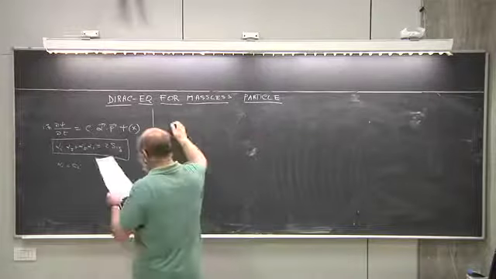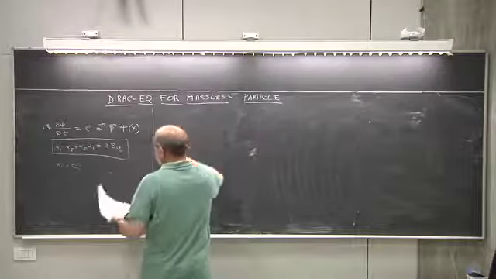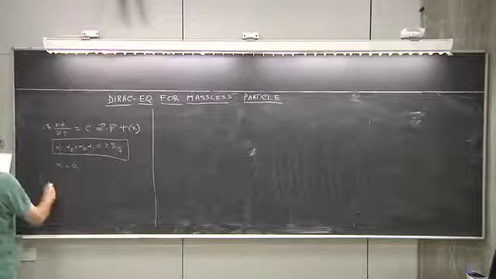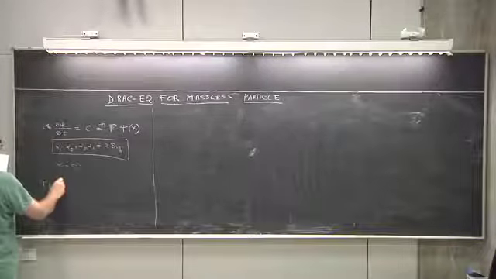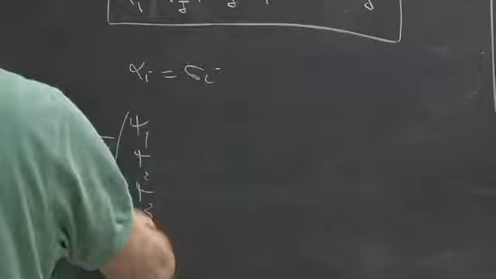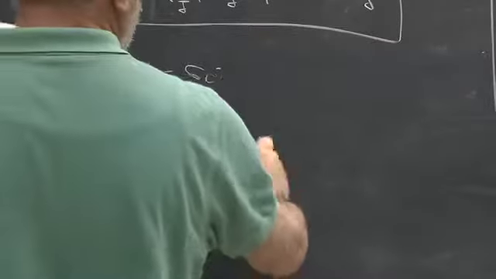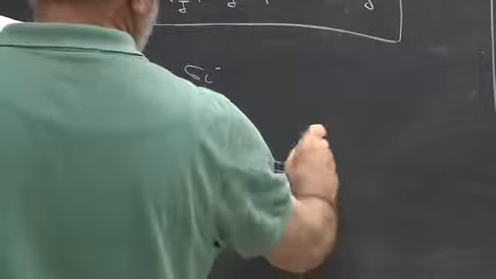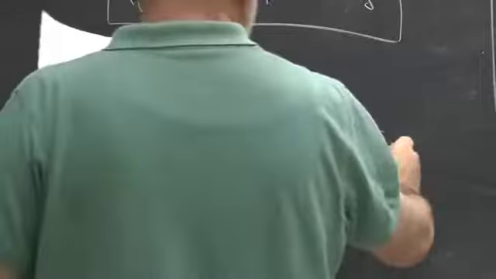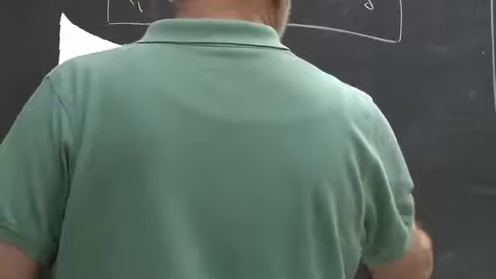So let's start. Basically, psi now is not psi 1, psi 2, psi 3, psi 4. It's not like this, but it's a 2-component thing. So let's call it phi, and it has a phi 1 and a phi 2.